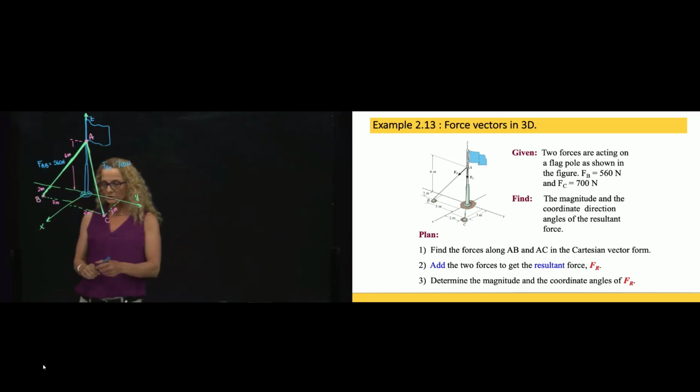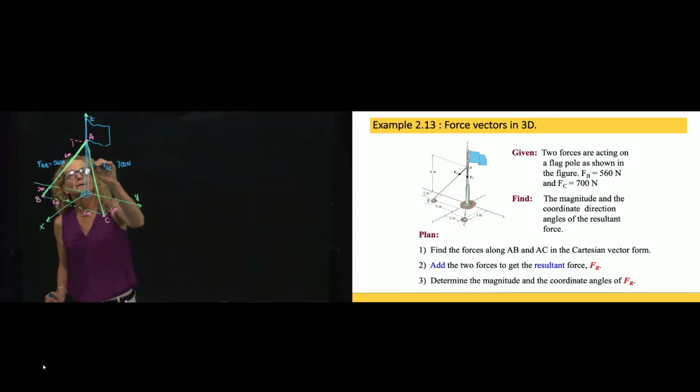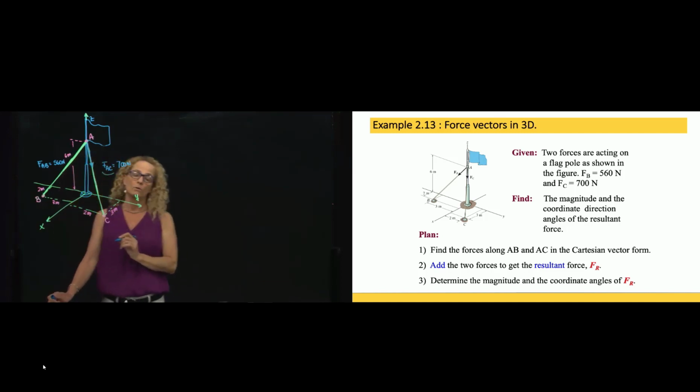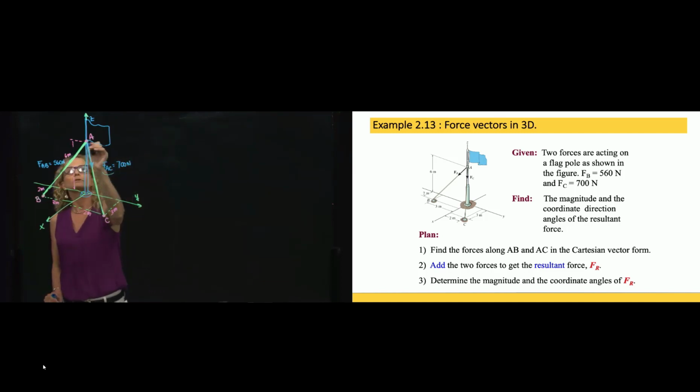So we have a force right here. This is the force FAB, so we know the magnitude of that force. And we have a force right here developed in this cable right here. That is this force right here.